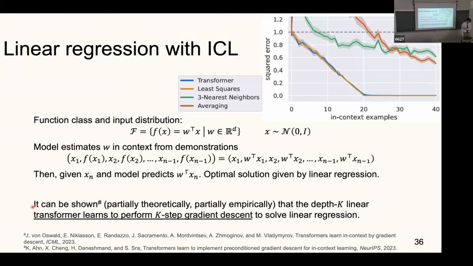So this is a rare instance where people actually identify the specific algorithm that is being learned with in-context learning training. And I think it's very cute, very impressive that we even know that the depth of the transformer layer corresponds to the number of iterations the transformer carries out.